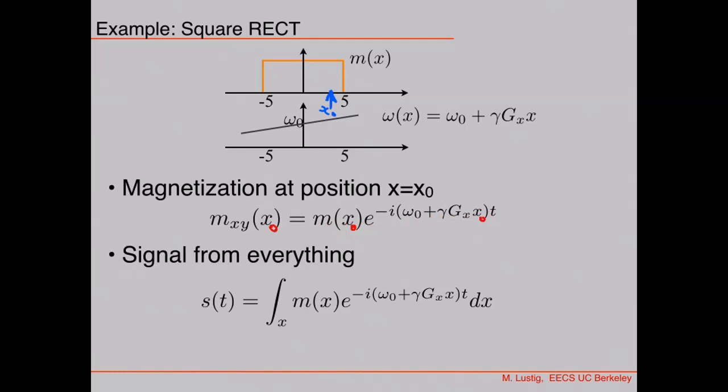Does that make sense? So all the magnetization that's over here is going to emit some signal whose frequency is proportional to omega0, but also to gx times x0. Now a magnetization at the edge of the object, what type of signal is it going to emit?